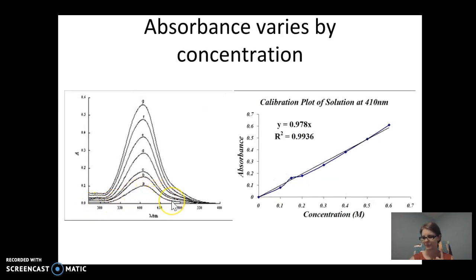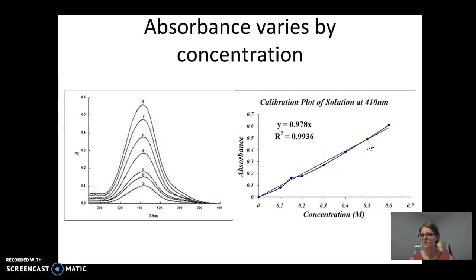Now if you make the solution even more concentrated, it'll go up more, because the higher the concentration, the more it can absorb. It's got more electrons that can move up and back down. So as your concentration of the solution gets higher, your absorbance gets higher, which is what I can see over here. As my concentration gets higher, my absorbance gets higher.